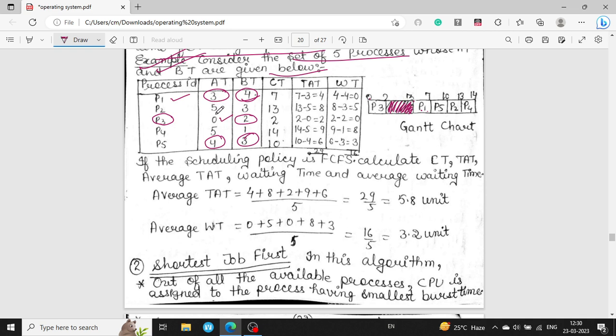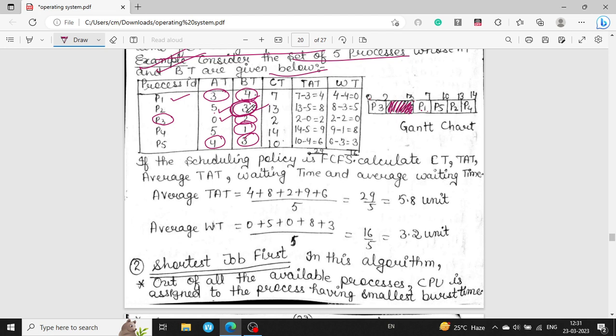After that, you can see P2 and P4 both came at the same time. We consider P2 first, because it uses the CPU for a longer time as compared to P4, which takes the CPU for only 1 millisecond.